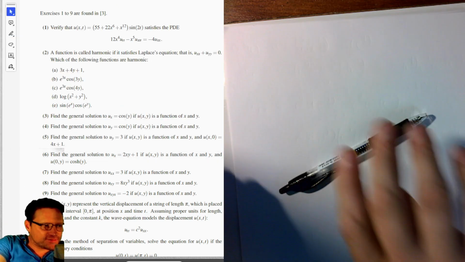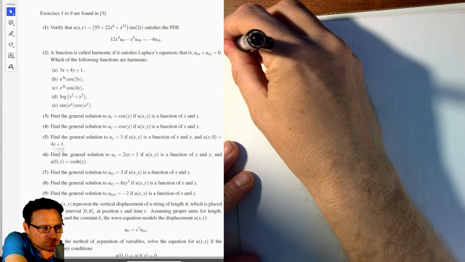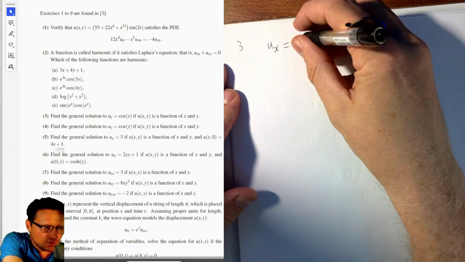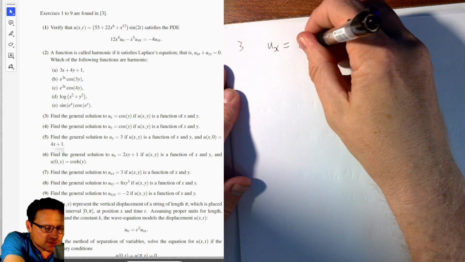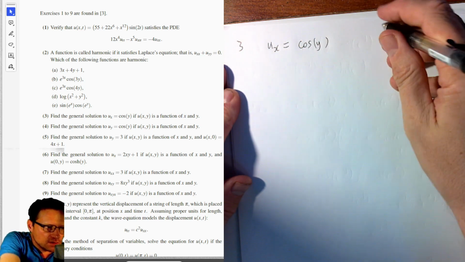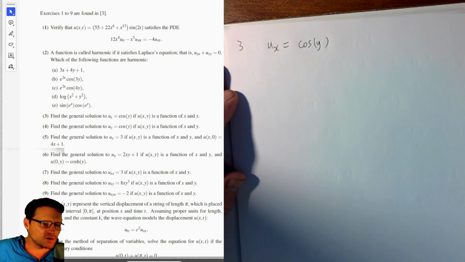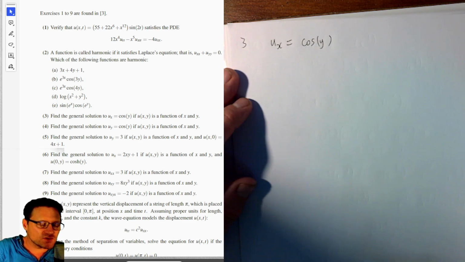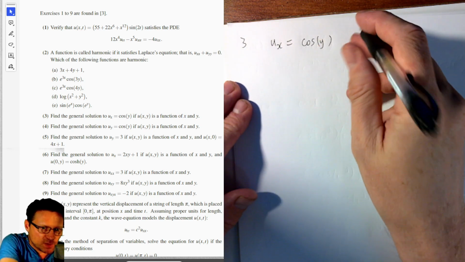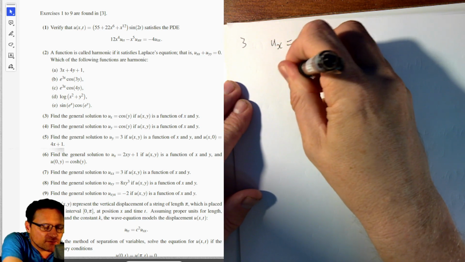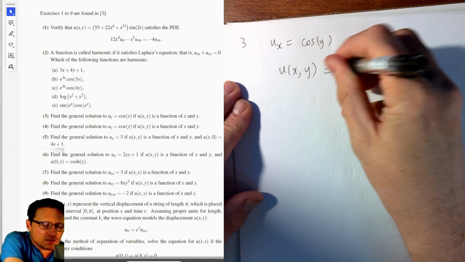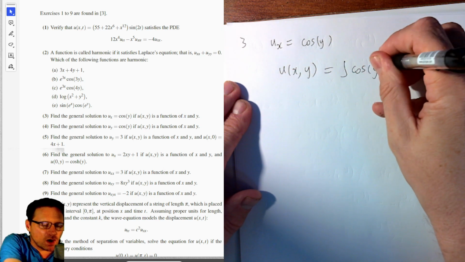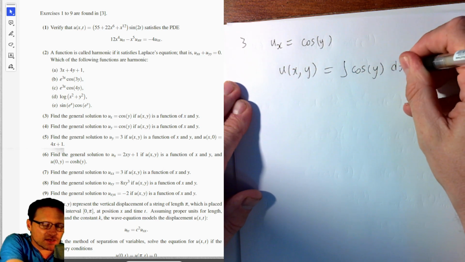Okay, question 3. Find the general solution to the PDE u subscript x is cos of y, if u is a function of x and y. All right, so what we need to do here is integrate both sides. So u of x and y is the integral of cos of y with respect to x.